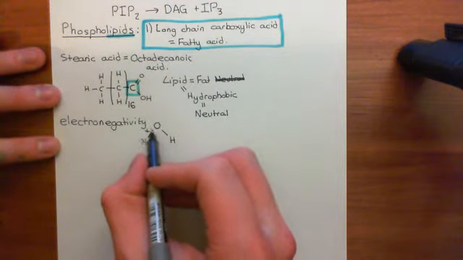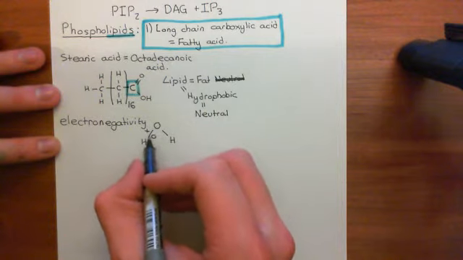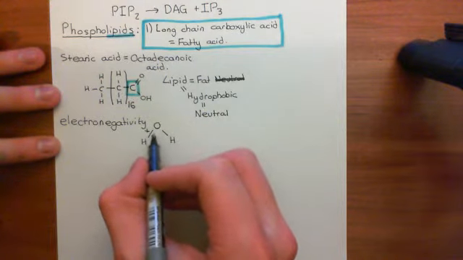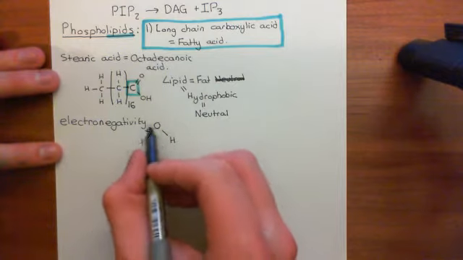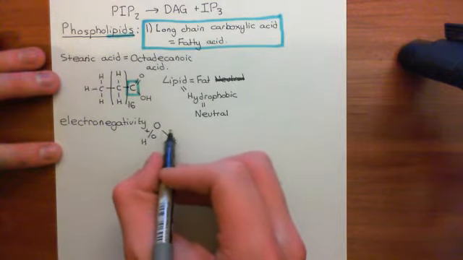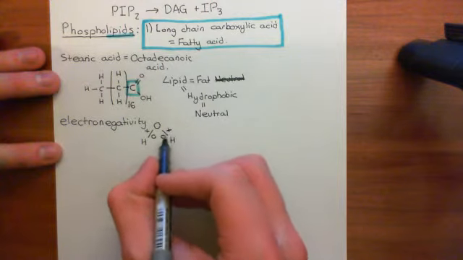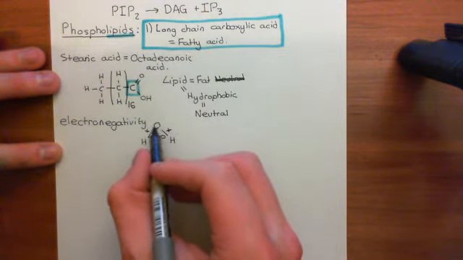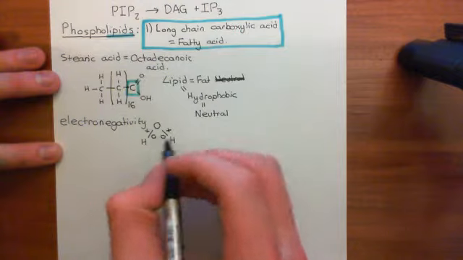So these electrons are going to sit towards the oxygen atom, pulled towards the oxygen atom. Now, what does this mean for the water molecule? Both the electrons in this bond and also the electrons in this bond will be sat towards the oxygen atom and away from the hydrogen atoms.